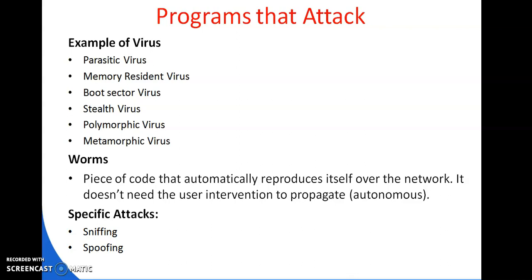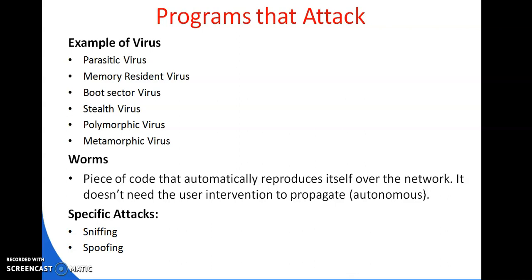There is no need for any intervention by the user or a program. A worm does not perform any destructive actions like a virus, and instead only consumes system resources to bring it down.